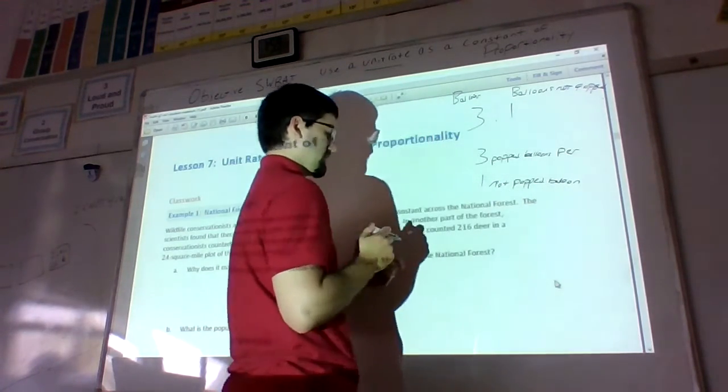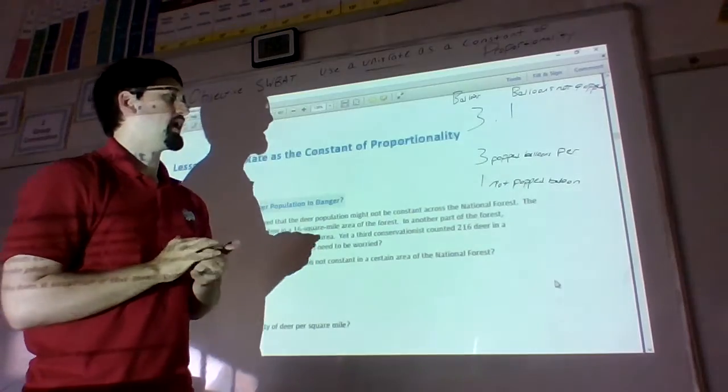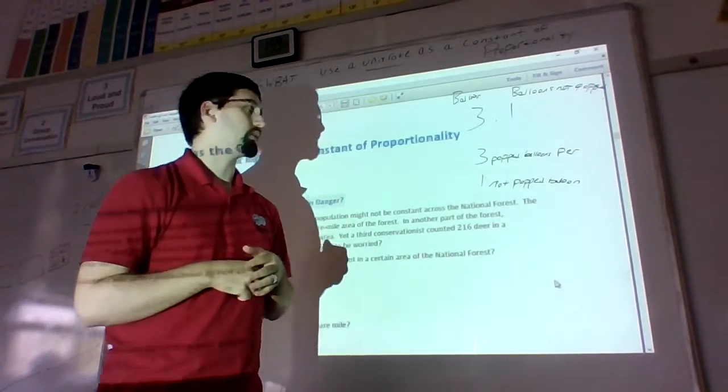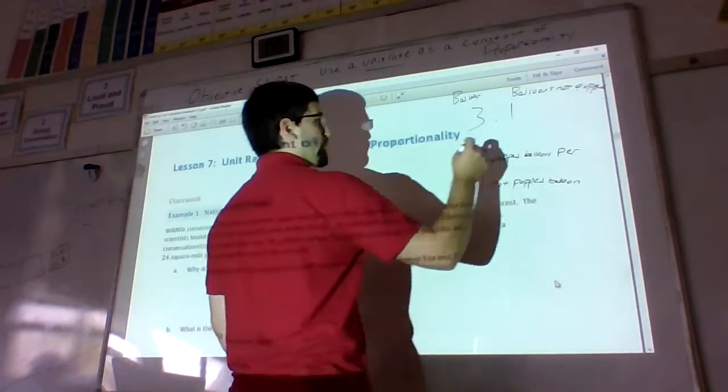Again, 2 L's in balloon. So there are three popped balloons per every 1 not popped balloon, and this would be our rate.